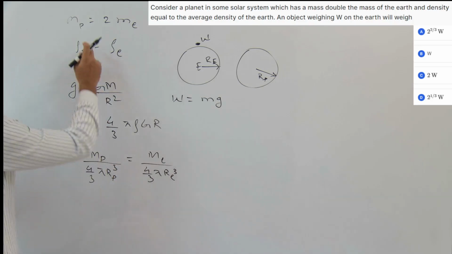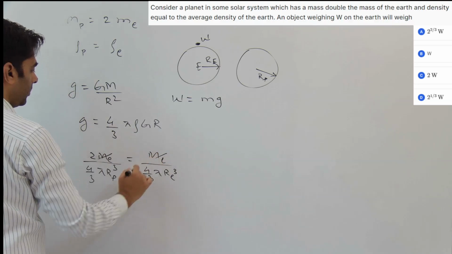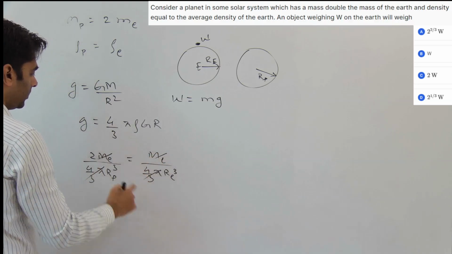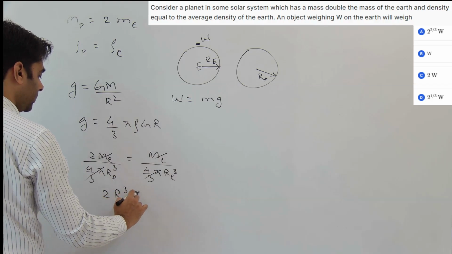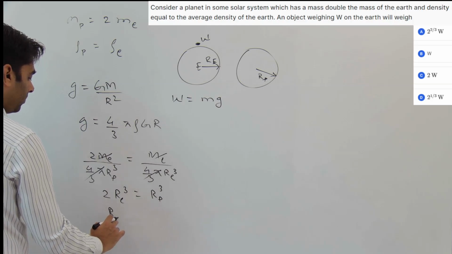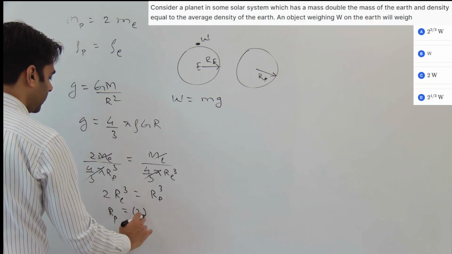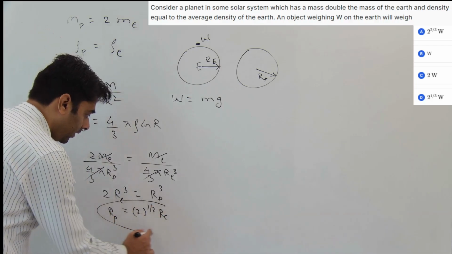The mass of the planet is 2 times the mass of Earth. 4 by 3 pi cancels out, so we get 2 times Re cube equals Rp cube. So the radius of the planet is 2 power 1 by 3 into the radius of Earth. This is our relation between the radius of the planet and the radius of Earth.